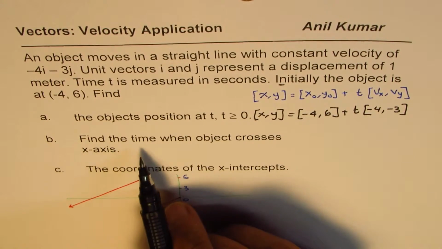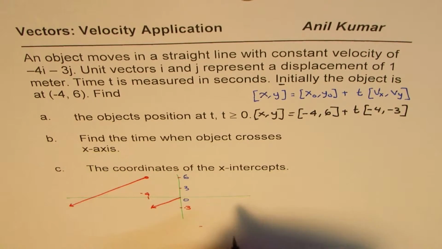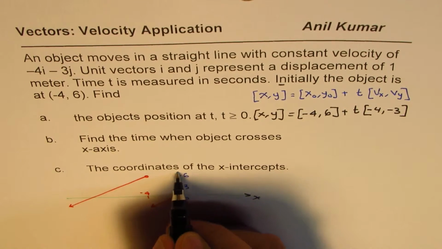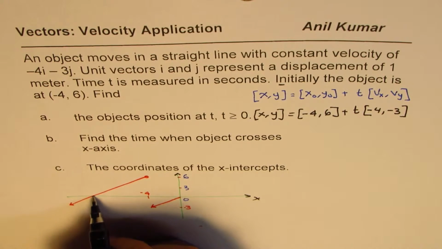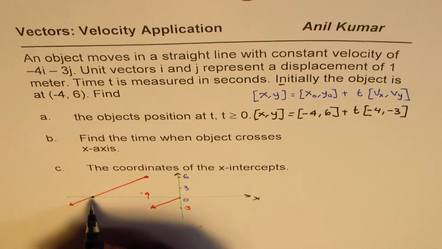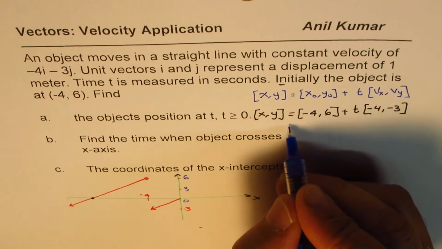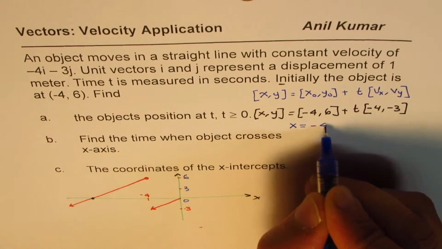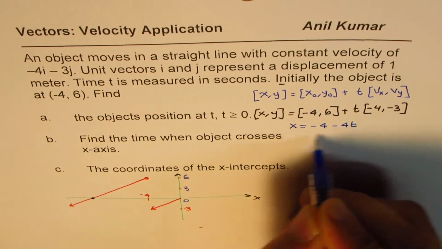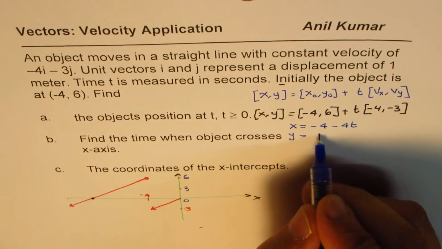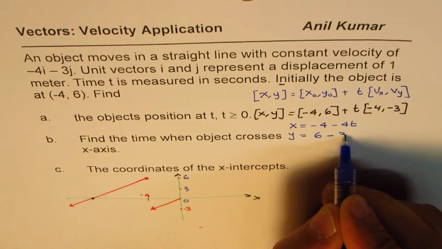Okay. Find the time when the object crosses the x-axis. So this is the x-axis, and that's the y-axis. The object crosses the x-axis. It really means at this point y is 0, correct? So we can find t when y is 0 and then the value of x. What I'm trying to say is we could write this in parametric form. x equals minus 4 minus 4t, and y equals 6 minus 3t.